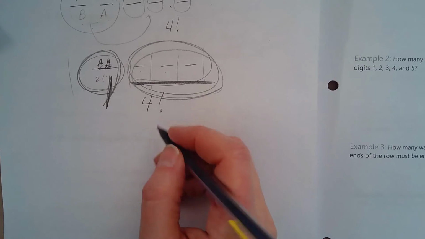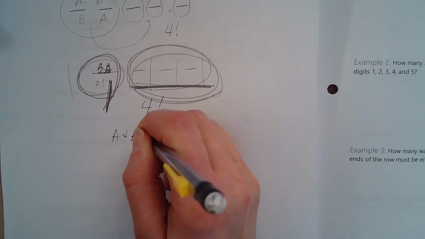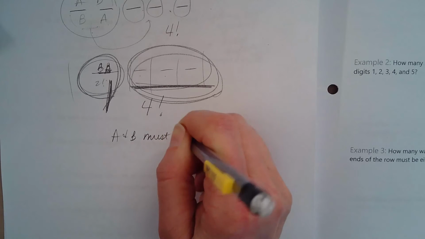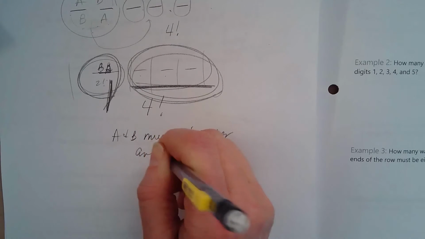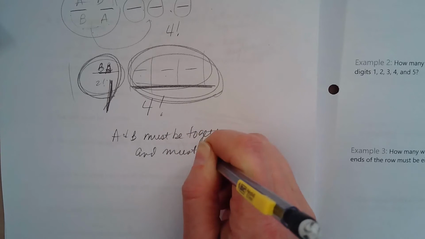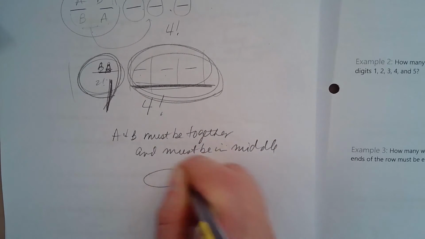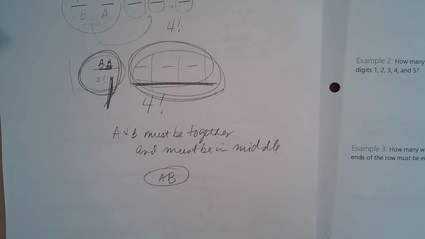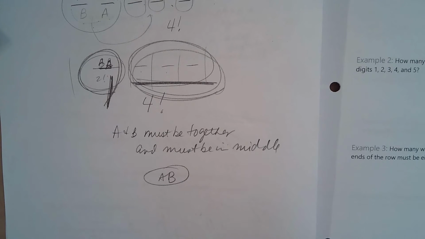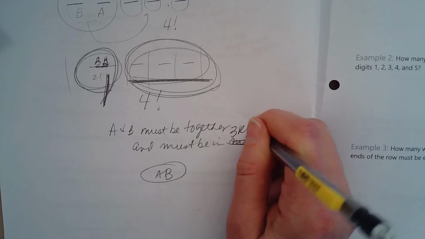If they said A and B have to be together, let's do that then. A and B have to go together and must be in the middle. Yeah. Let's do that. Must be in the middle. Okay. So here's A and B, right? I got 2 people, and then I have 3 more chairs, right? I guess you can't really be in the middle, so let's say they have to be in the third position.